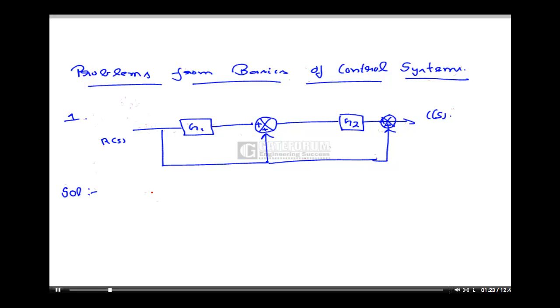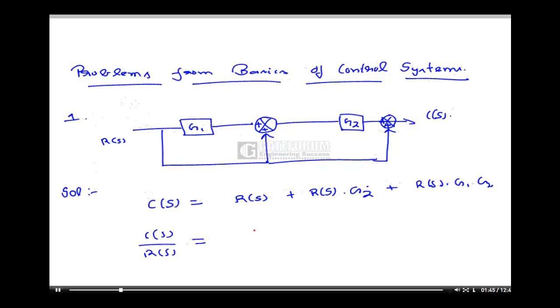See, directly I can write my CS as nothing but RS plus RS into G2 plus RS into G1 G2. Okay, thus CS by RS can be written as 1 plus G2 plus G1 G2.